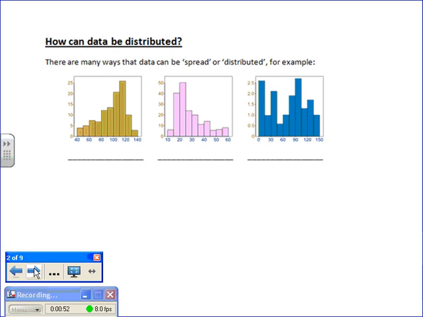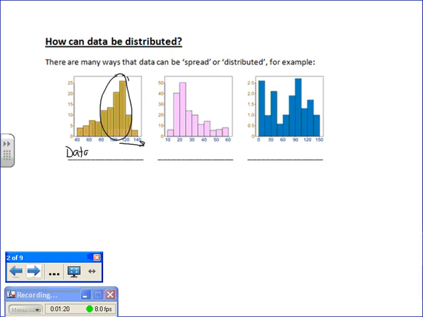For example, if we look at this yellow bar graph in front of us, if each one of my rectangles or bars represents data, I can see that the majority of the data is right in here. That represents most of the data. I have the highest frequencies there.